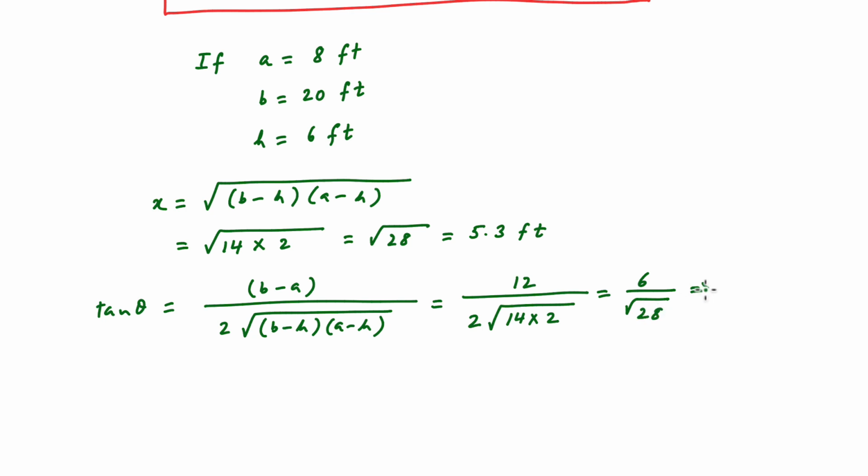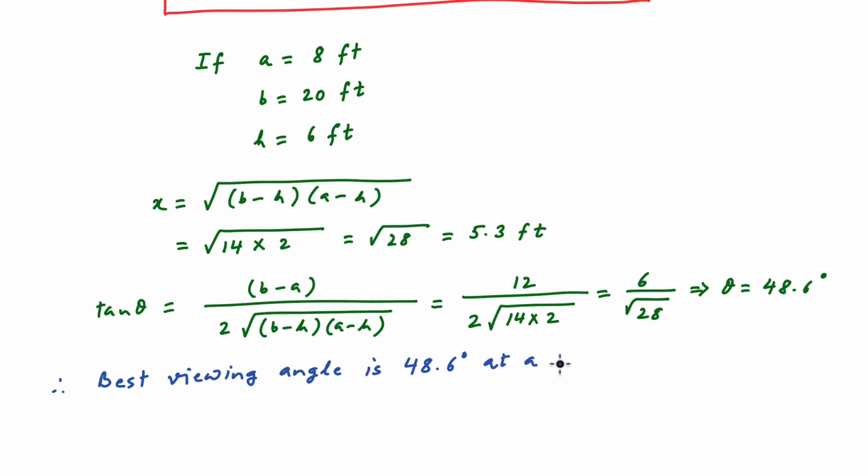Therefore, theta is equal to 48.6 degrees. Therefore, the best viewing angle, the maximum value of theta, is equal to 48.6 degrees. And we get this when the observer is located at a distance of 5.3 feet away from the wall on which the painting is hanging.